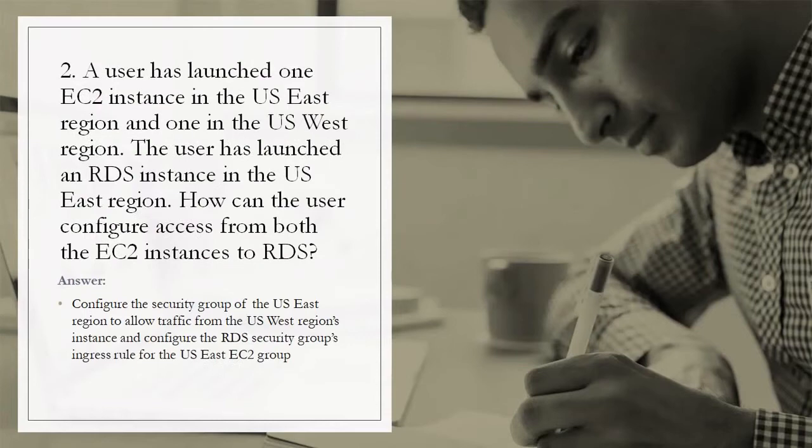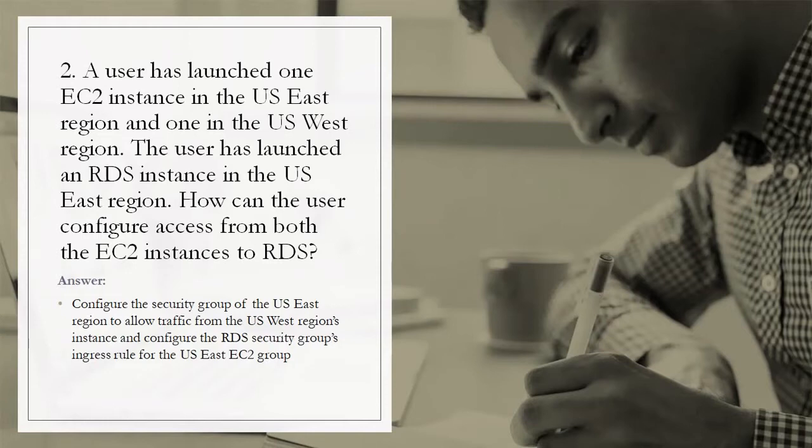Question number 2. A user has launched one EC2 instance in the US East region and one in the US West region. The user has launched an RDS instance in the US East region. How can the user configure access from both the EC2 instances to RDS?